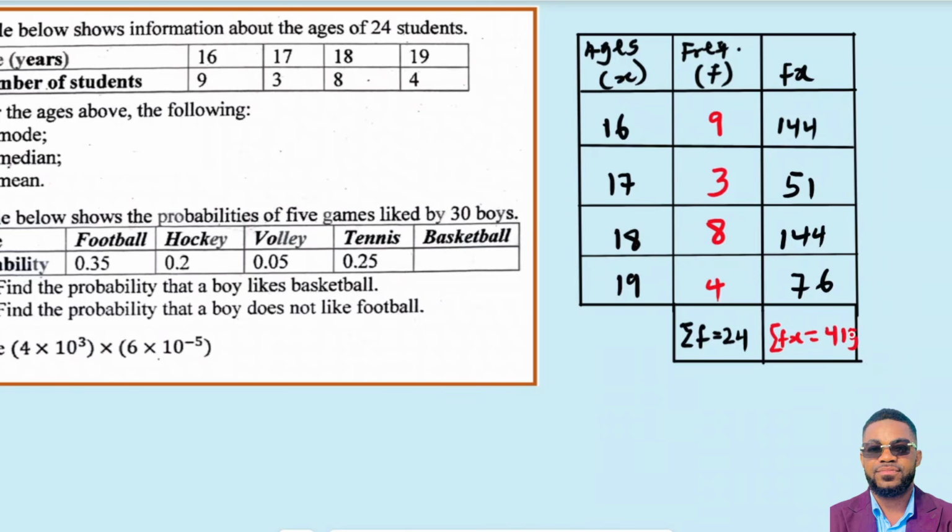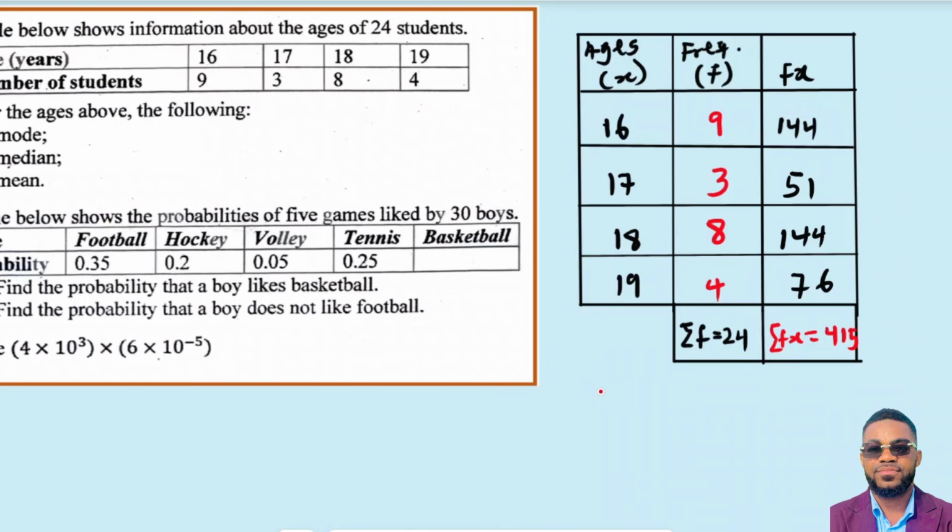We have 415 for the sigma fx. So why am I doing all this? I'm going to use this information, the sigma f and the sigma fx, to find the mean. That's a simple way to get the mean from a frequency distribution table. So now that we have this information, it will make it easier to even find the median and the mode. So let's go ahead and work each of them.